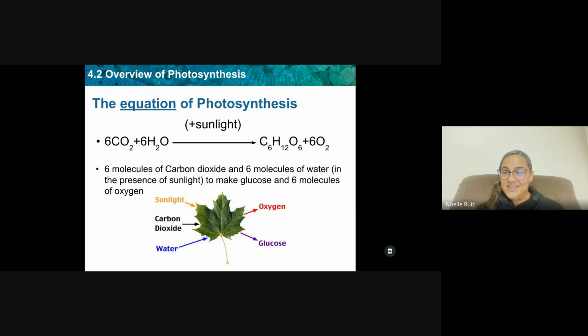C6H12O6 is the chemical formula for glucose, which is the sugar that is made during this process. And 6 molecules of oxygen, which is the plant's waste product that they just put back into the air, fortunately for us, because that's what we need to live.